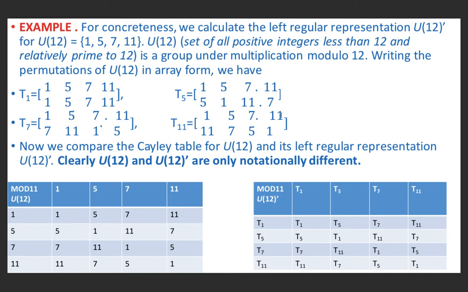Now 11 star 11 is 121; 12 tens are 120, the remainder is 1. So this row is 11, 7, 5 and 1.